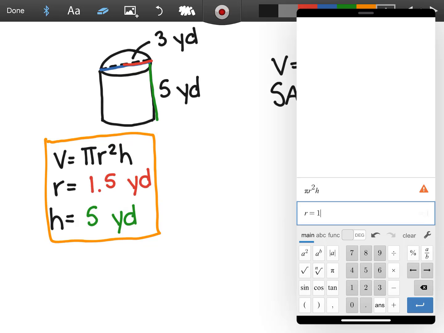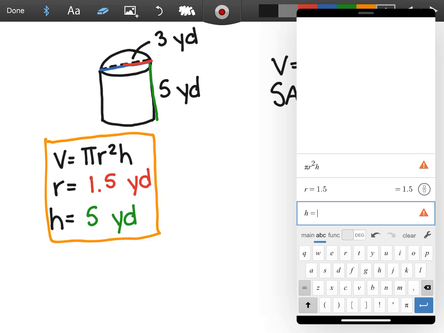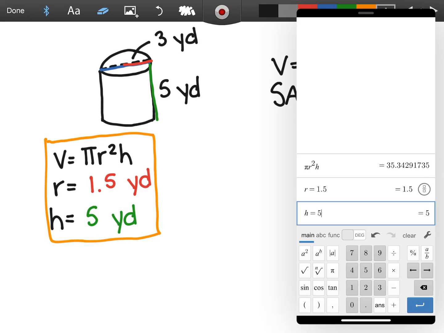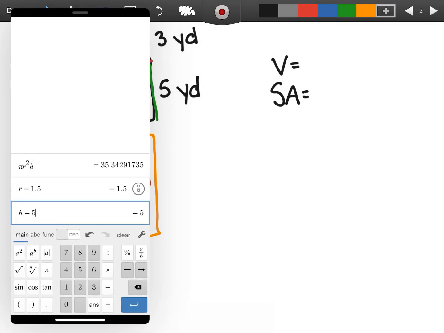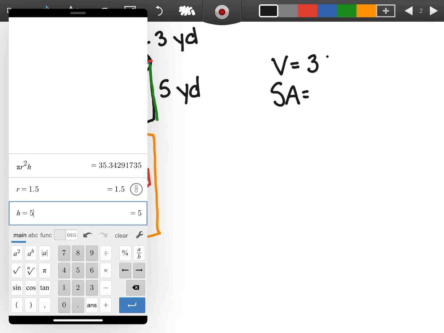R is equal to 1.5 and h is equal to 5. So we get a volume of 35.34. Just like with rectangular prisms, this will be in cubic yards or yards cubed.